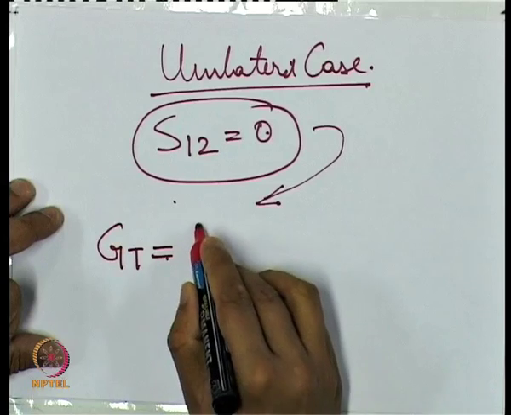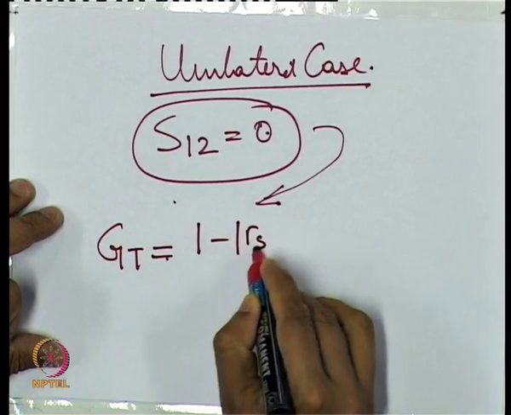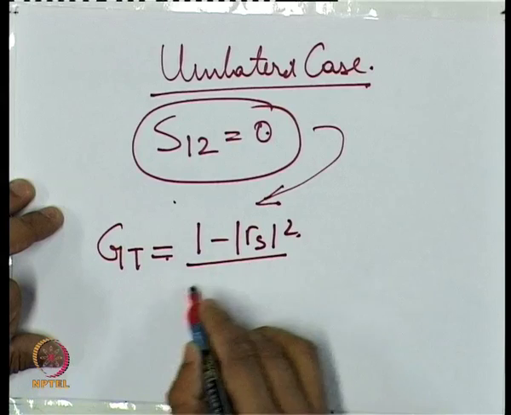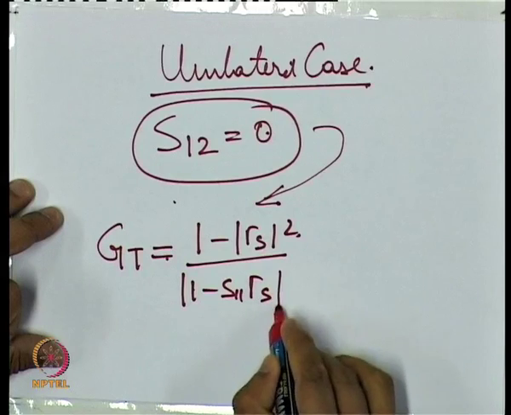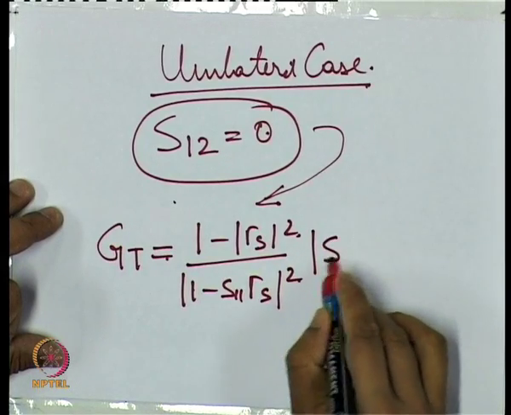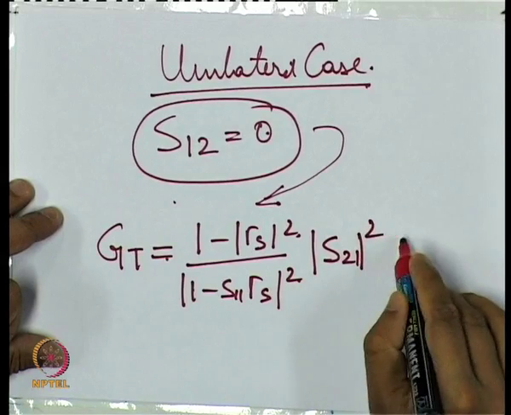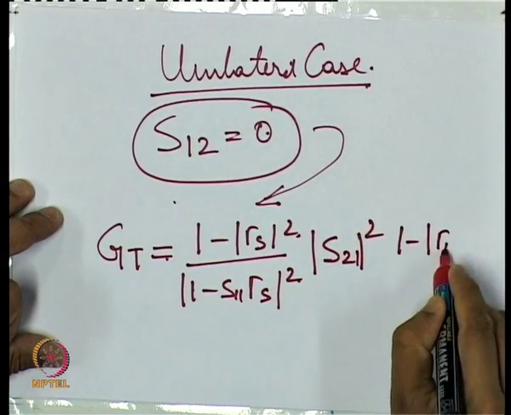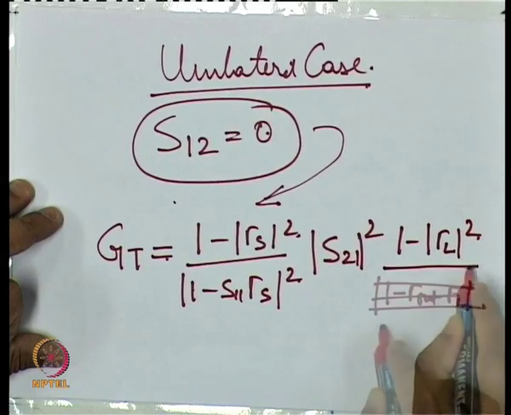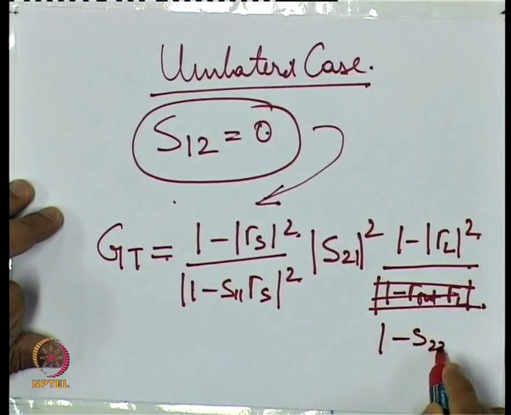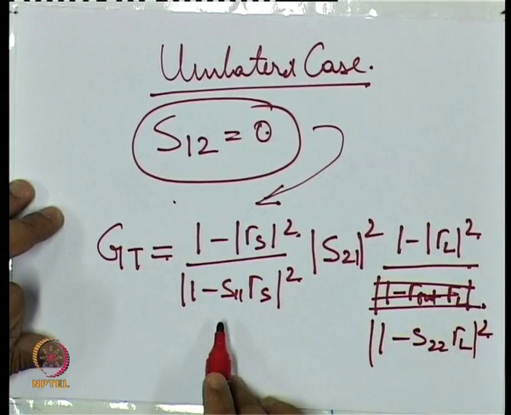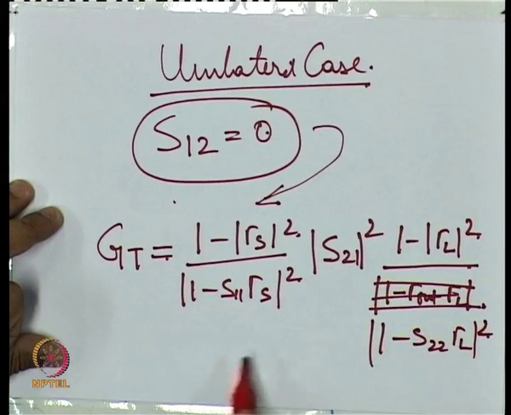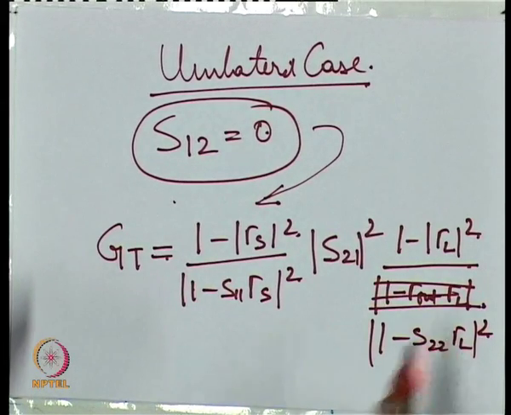Because now the expression for GT becomes one minus S22 gamma L whole square. As you can see, there is no gamma out or gamma in term here.